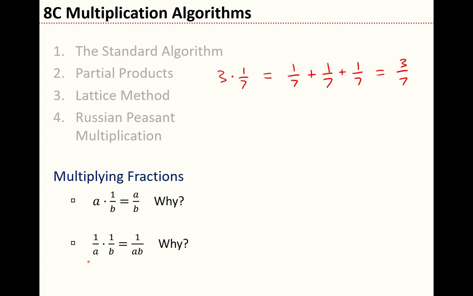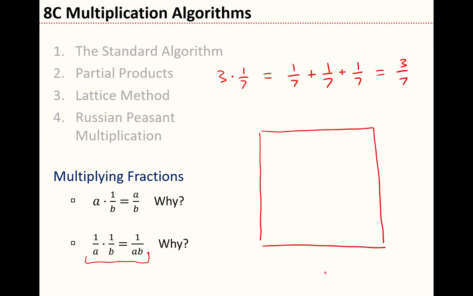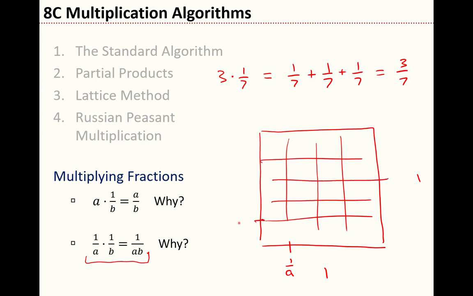How about this product, 1 over a times 1 over b equals 1 over ab? Why should that make sense? Well, we've seen that in our area model. Suppose I have a unit square, so 1 by 1, and I divide this into a slices in the bottom, so I get 1 over a, and I divide this into b slices in the other direction, so I get 1 over b.